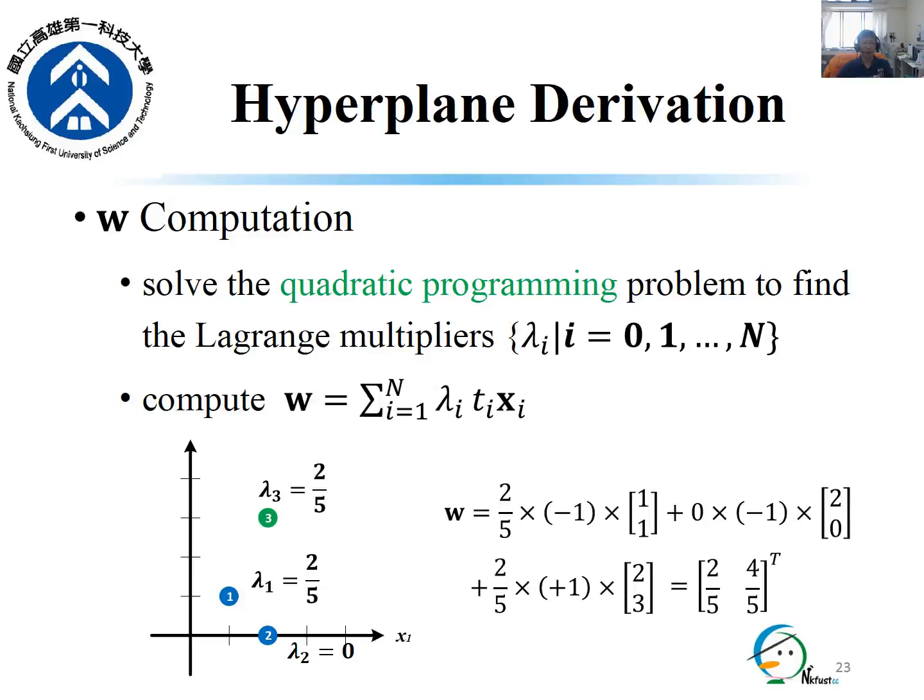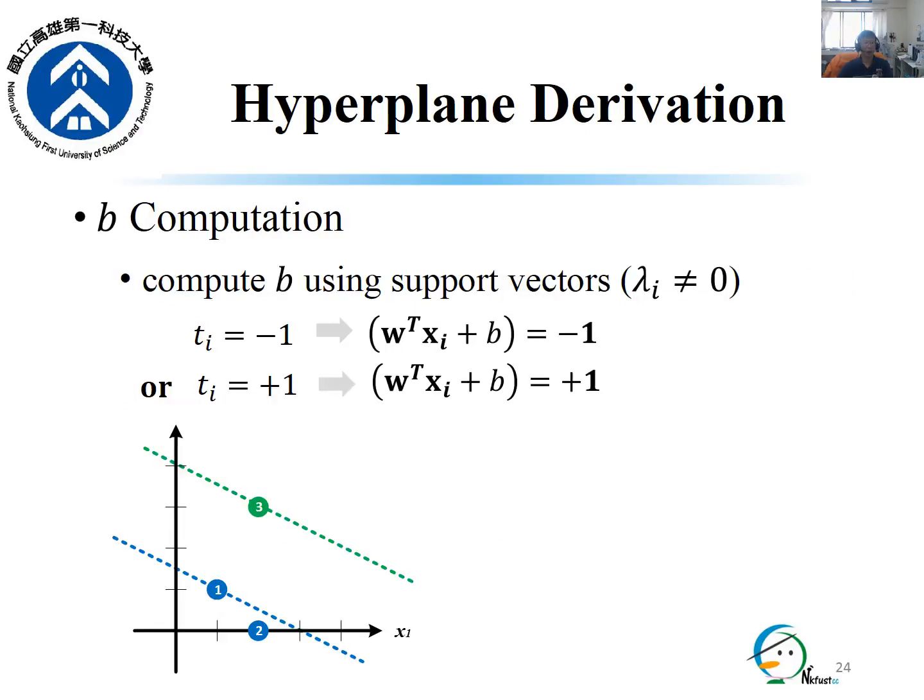Remarkably, W is only determined by the samples with non-zero Lagrange multipliers. So we call these samples with non-zero Lagrange multipliers support vectors. Finally, b can be computed using either negative or positive support vectors.